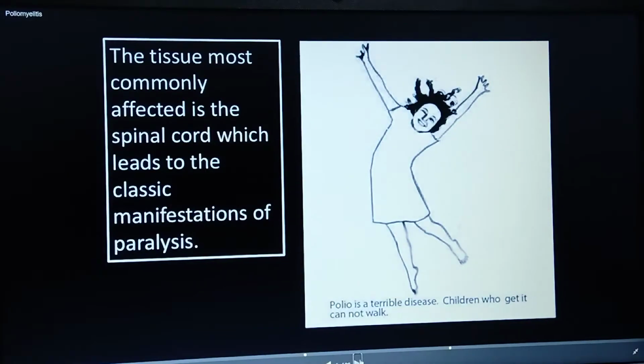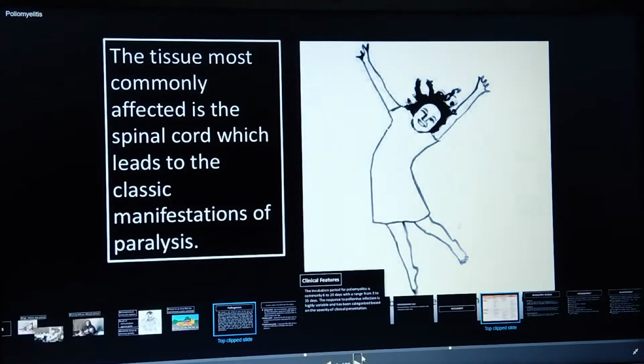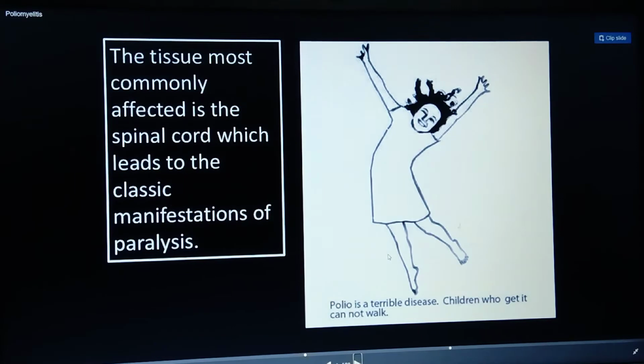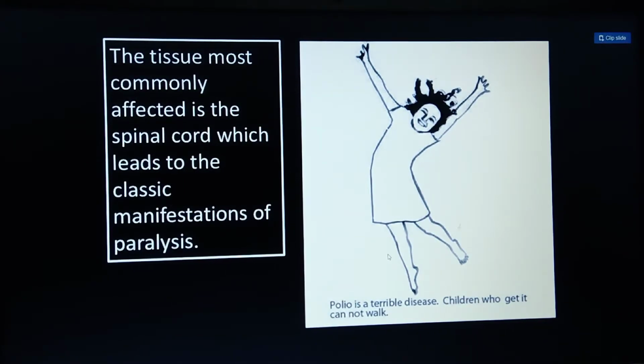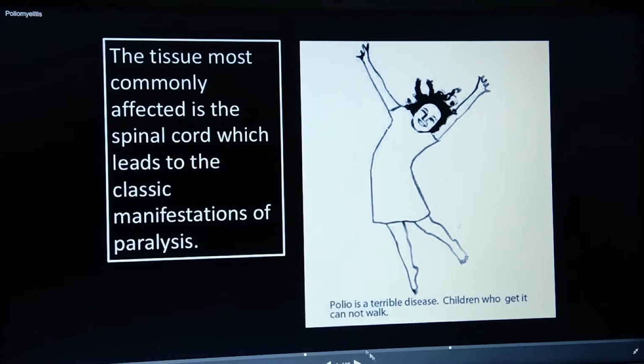Now the clinical manifestations of poliovirus: whenever poliovirus enters your body, it directly enters the spinal cord, and whenever it enters your spinal cord, it is transmitted to your central nervous system. Automatically, they show the clinical manifestations of paralysis.